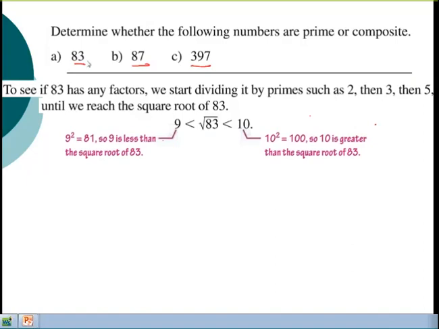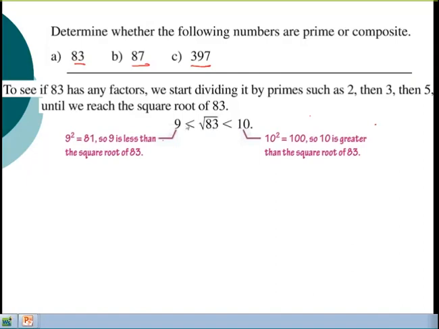If we take 83 and divide by 2, it doesn't work. Divide by 3, it doesn't work. Divide by 5, it doesn't go in evenly. 7, and so if you keep dividing it by those prime numbers, you'll find that nothing works until you get up to 9, and 9 doesn't work, and the square root of 83 is between 9 and 10.